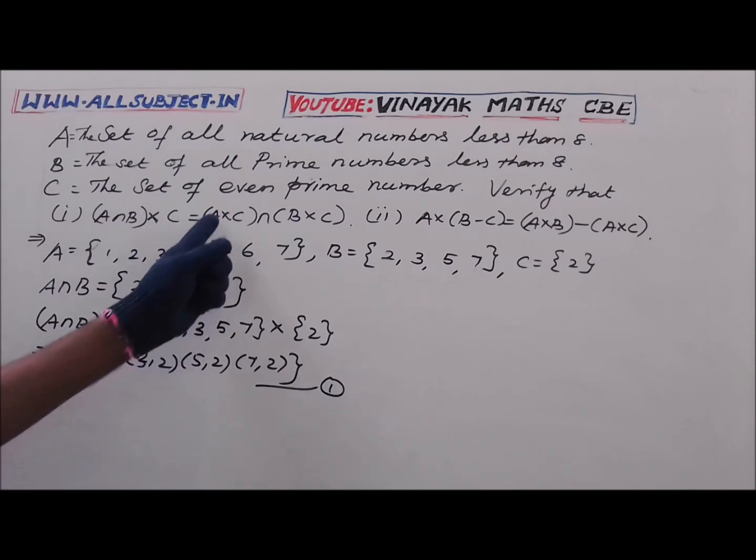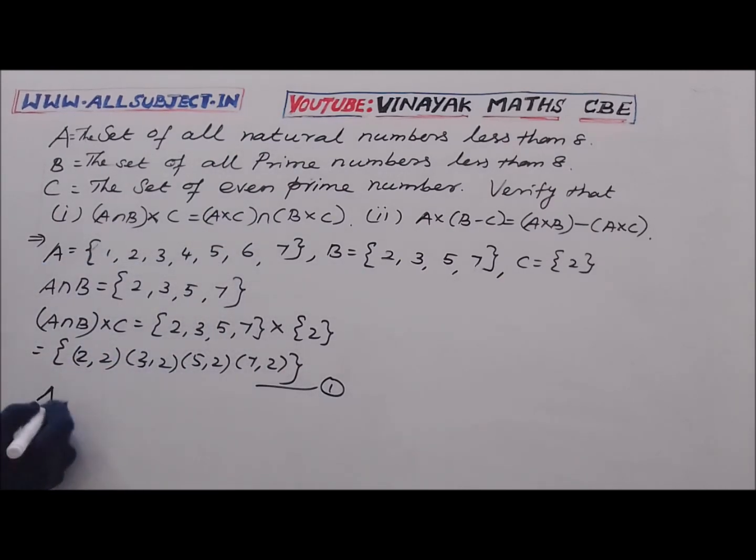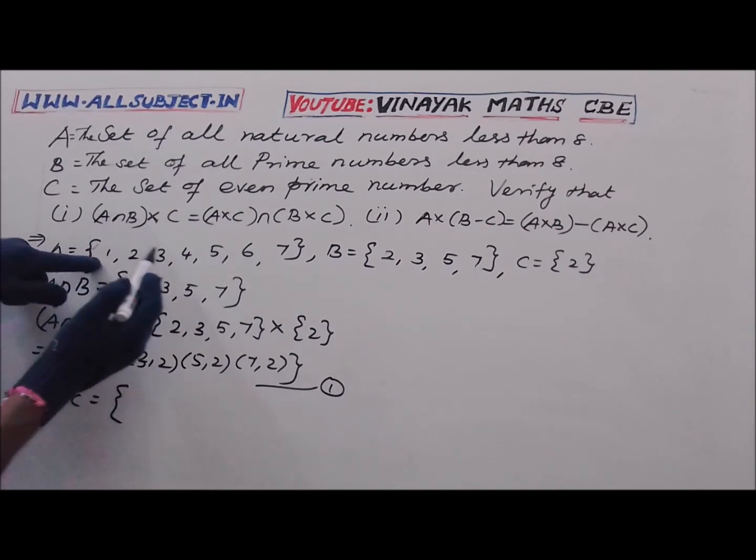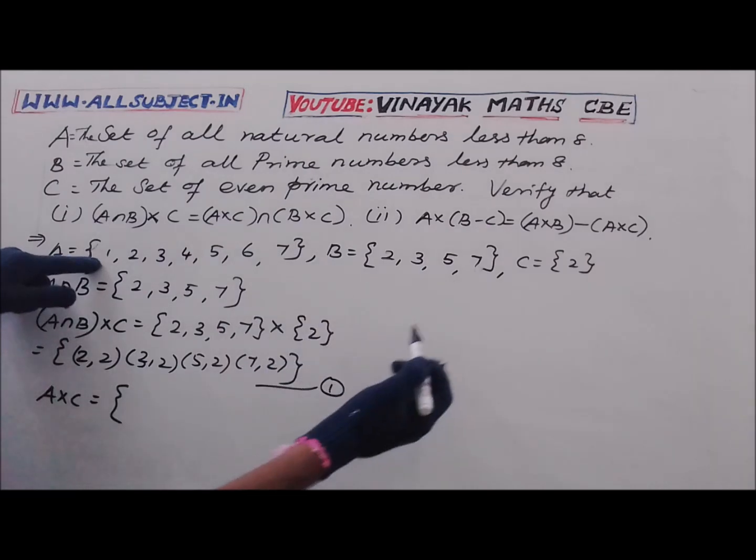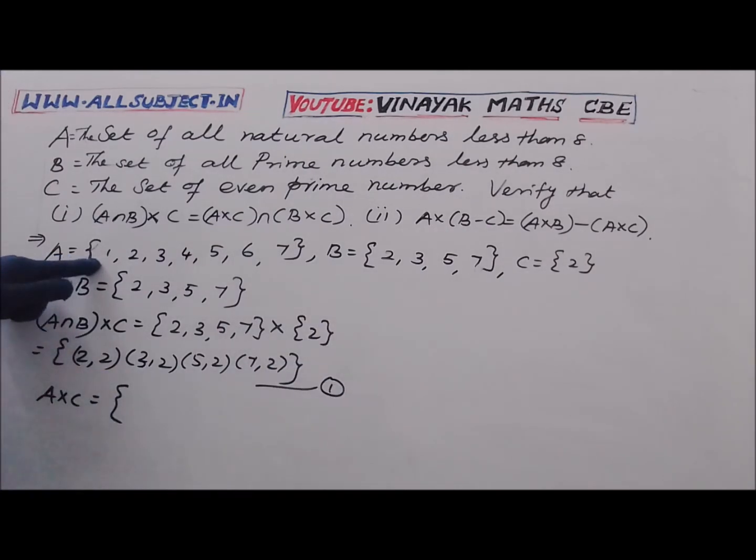And then RHS, A cross C. A cross C means the cross product of A and C. In A we have 1, 2, 3, 4, 5, 6, 7 elements and in C we have only 2.